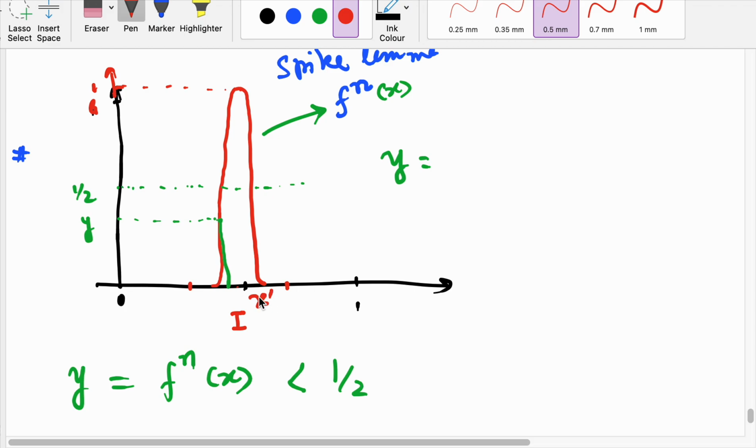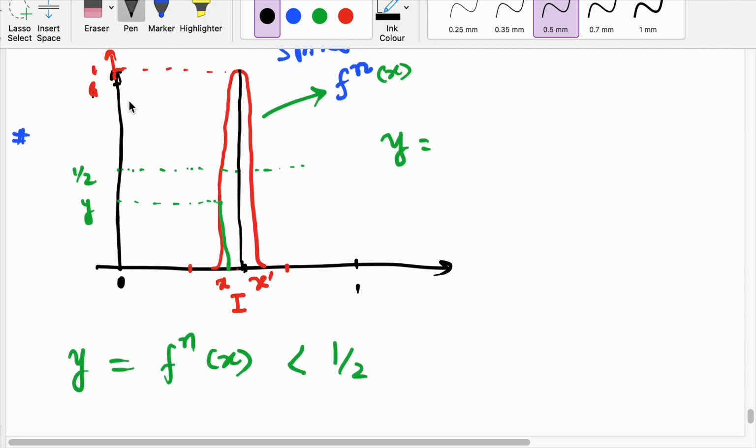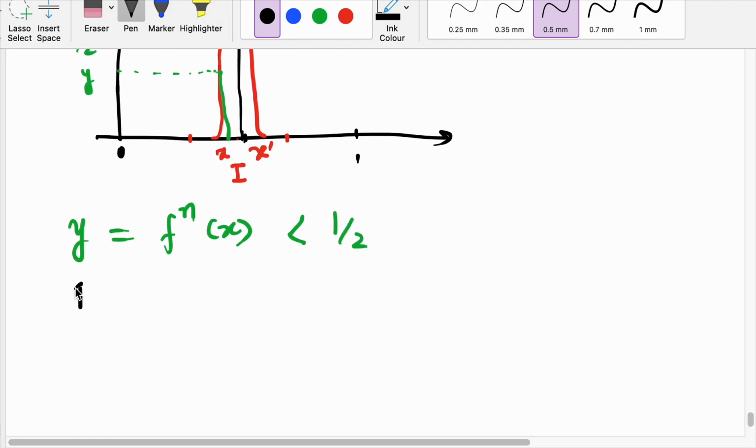Suppose x prime. You will always get a point x prime which maps to 1, so 1 equals f^n(x prime).